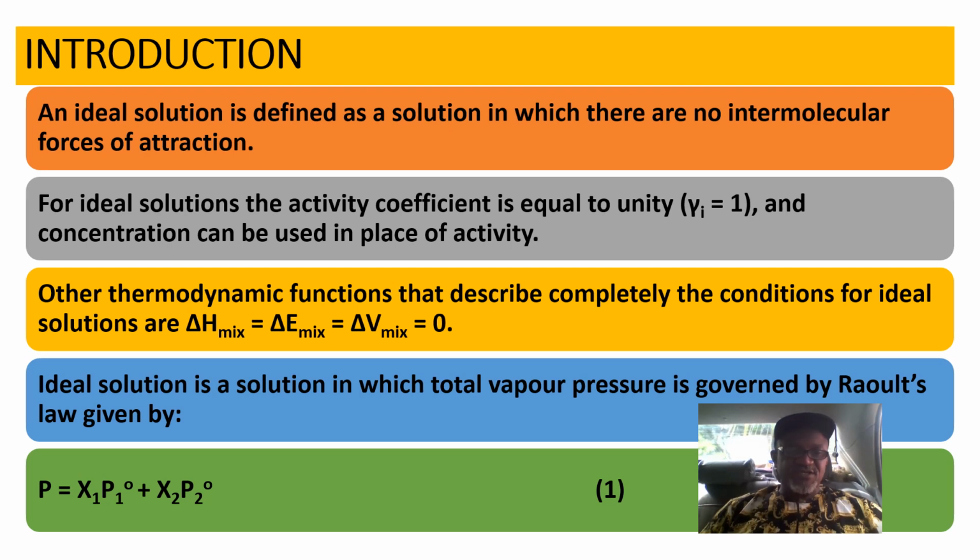X2 is the mole fraction of the solute, and P2 to power 0 is the pure vapor pressure of the solute. So you see that this is similar to Dalton's partial pressure. X1 P1 naught is the partial pressure of the solvent, while X2 P2 naught is the partial pressure of the solute. When we add the two together, it gives us the total vapor pressure, which gives us Raoult's law.